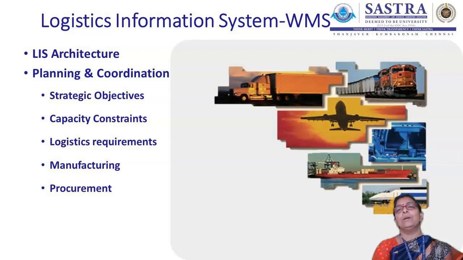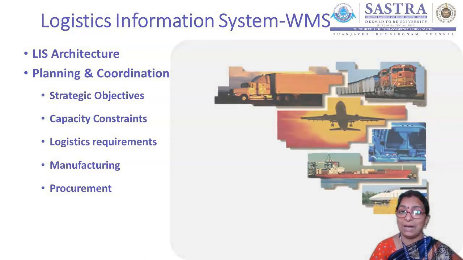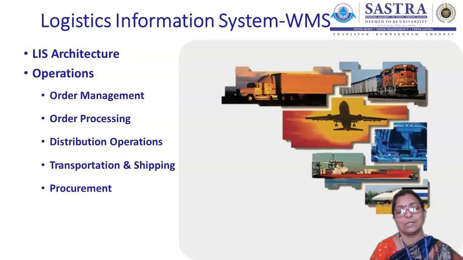The procurement requirements build on capacity constraints, logistics requirements, and manufacturing requirements to demonstrate the long-term material requirements and release schedules. So far we have discussed the points related to the planning and coordination of logistics.